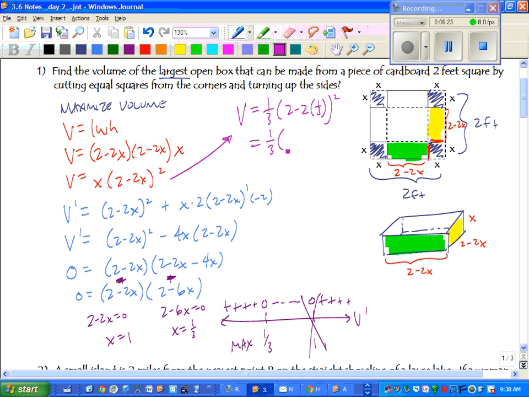So on the inside here, we get 2 minus 2/3. So this is like 6/3 minus 2/3. So we have 4/3 being squared. So we get 16 over 9. So our final answer here is 16 over 27. We're talking in feet, so this is cubic feet because that's our volume.